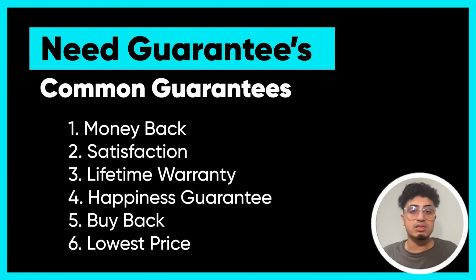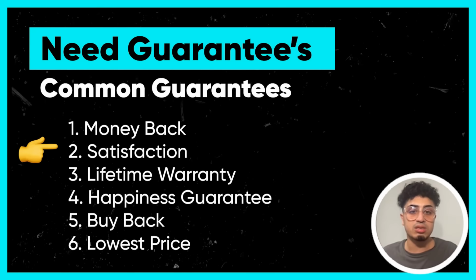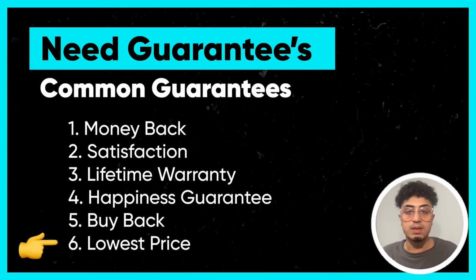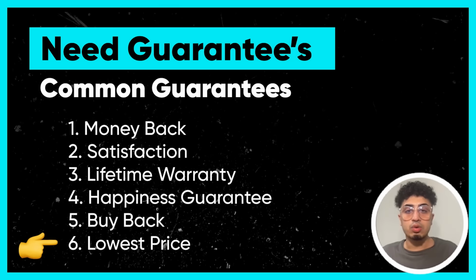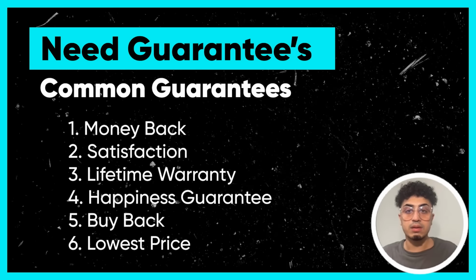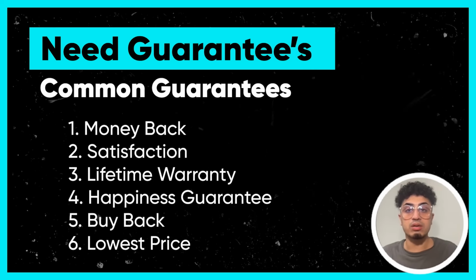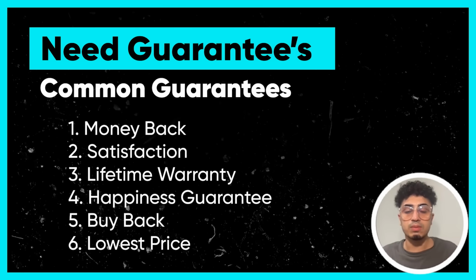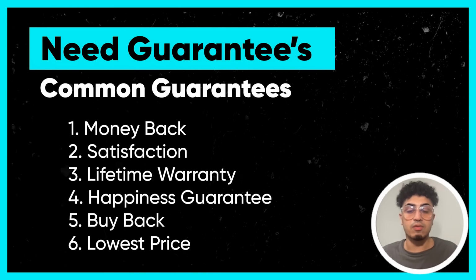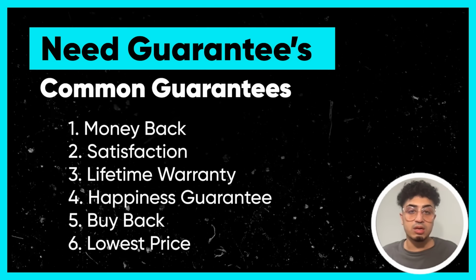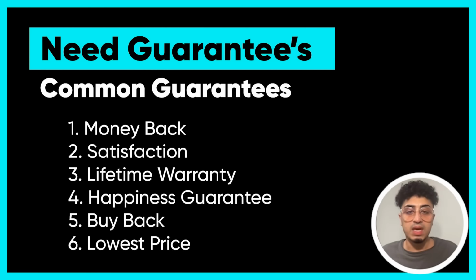So common guarantees are money-back guarantees, satisfaction guarantees, lifetime warranties, happiness guarantees, buyback, and lowest price. Again, you will always see your customer acquisition costs reduce radically, and the net value of a customer will increase astronomically, because only a small percentage of people will request for you to honor that guarantee. So remember, if you're not going to make a guarantee, your competition is, so make a guarantee.